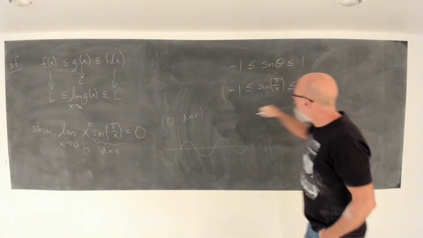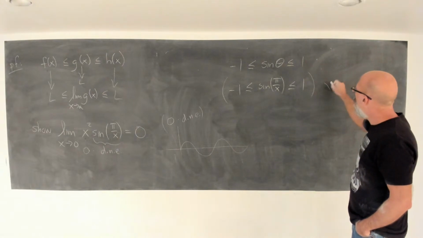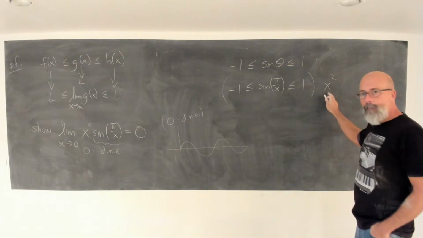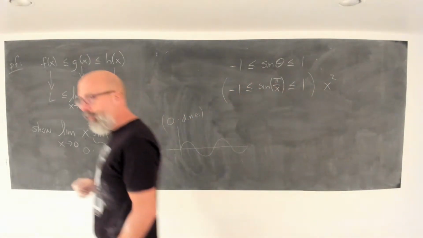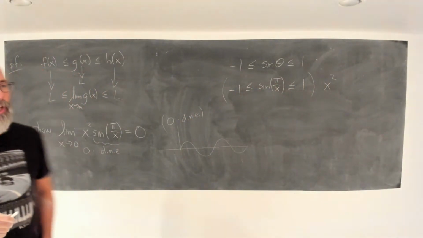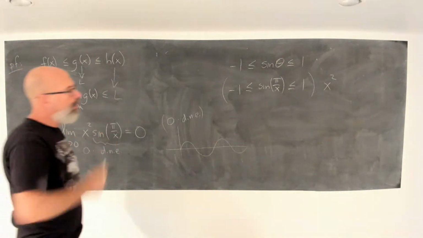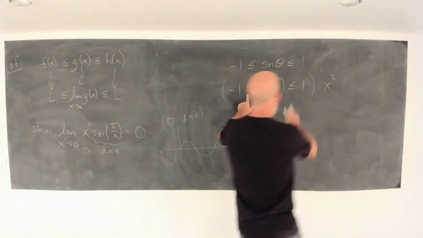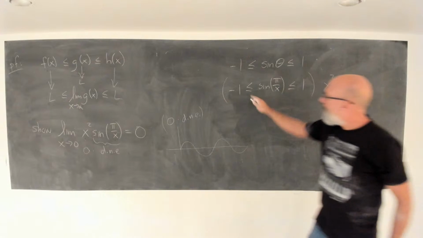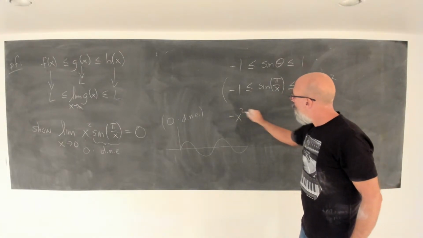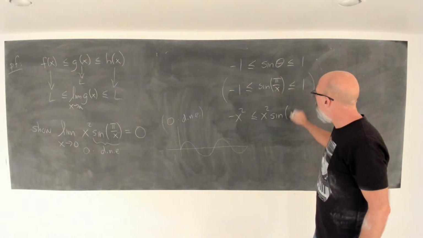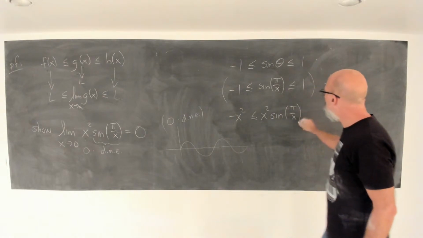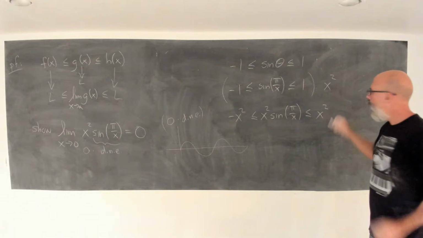Let's multiply this whole inequality by x squared, which is bigger than or equal to 0, so the inequality is maintained. And we get minus x squared less than or equal to x squared sine pi over x less than or equal to x squared.